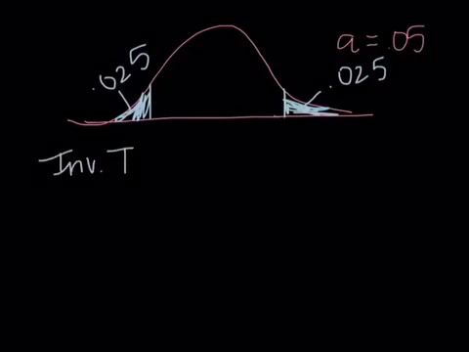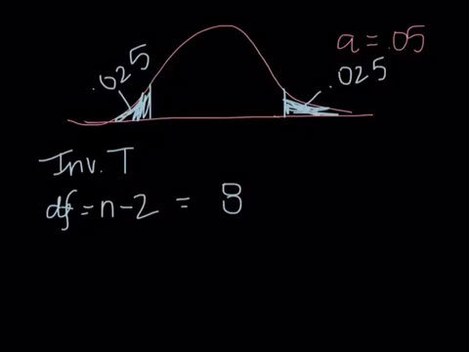And to find my degrees of freedom, I do n minus 2. And remember, n is the sample number, which I have as 10. So degrees of freedom is 8. And my area is 0.025.